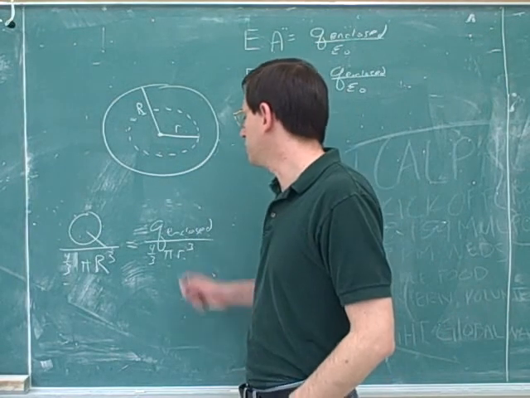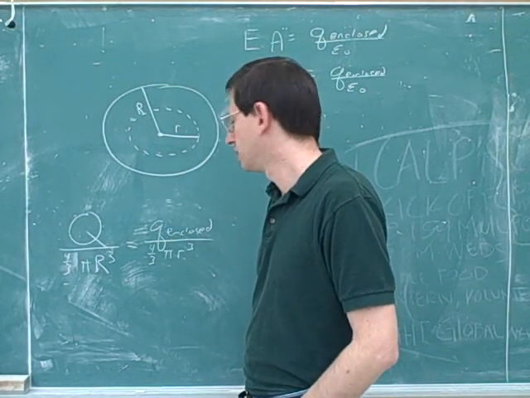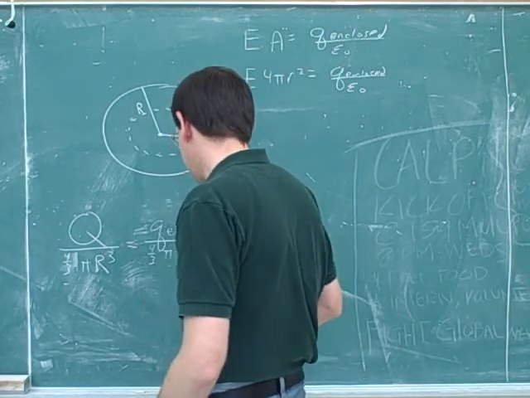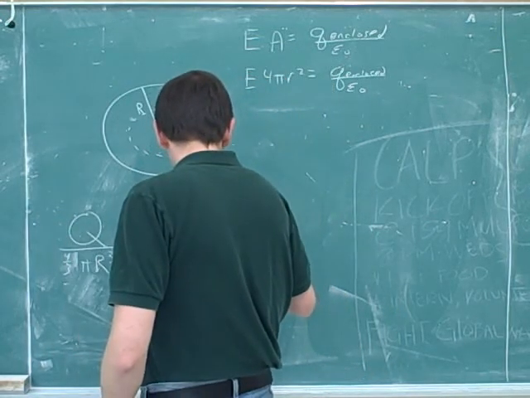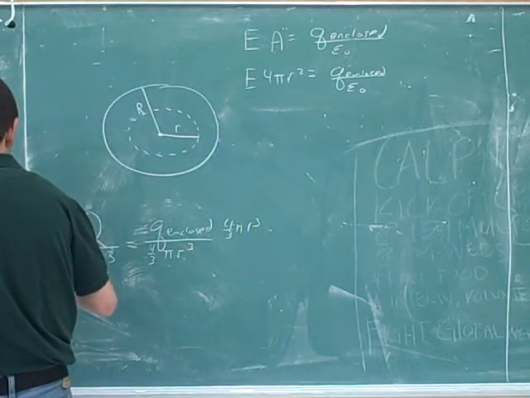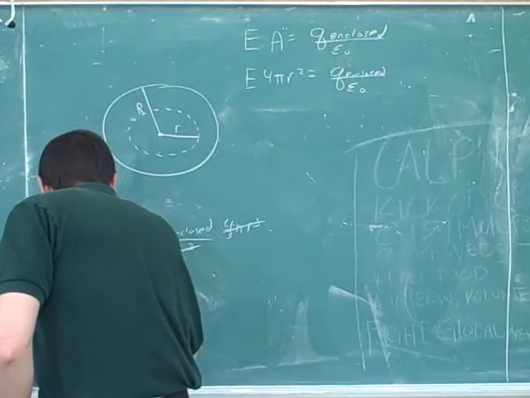Although, since all we're trying to do is get Q enclosed by itself, we could just multiply both sides by 4/3 pi little r cubed. That's right. That'll cancel out the terms we don't want on this side.